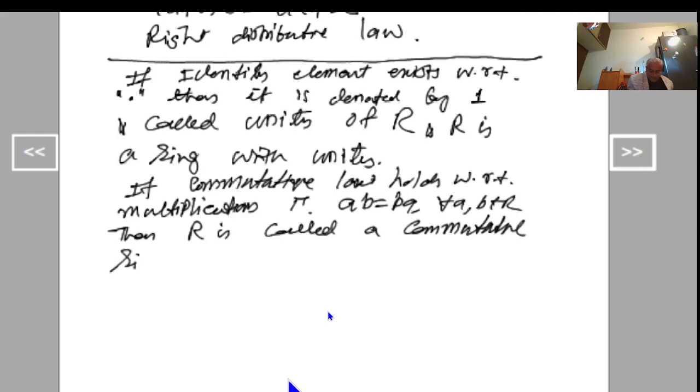Otherwise, it's just a ring. Commutative ring means commutative law with respect to multiplication is satisfied. Ring with unity means there must be an identity element with respect to multiplication, and we denote this by 1 and we call that one the unity of the ring. These are all special types of rings.